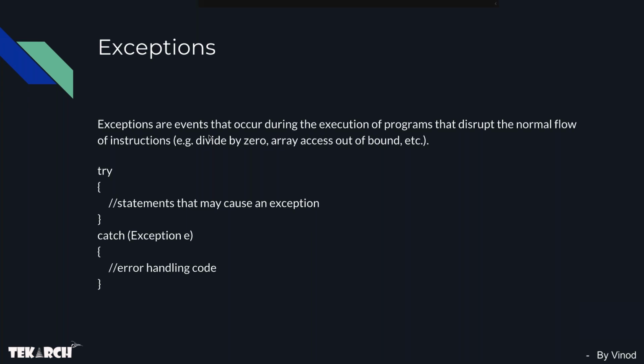As I see here, try means the statements that could give an exception, and catch means how do you handle it. Yeah. Basically, let's see an example so you'll understand it much better.